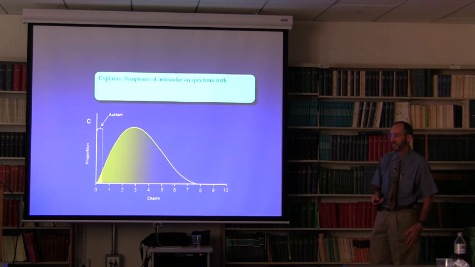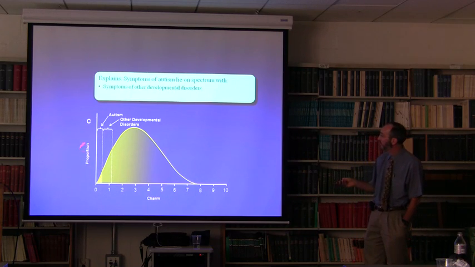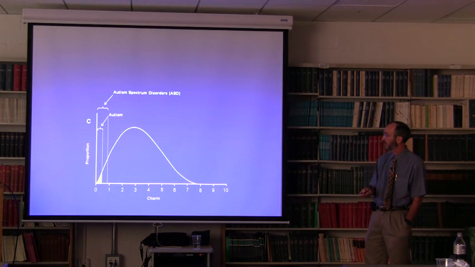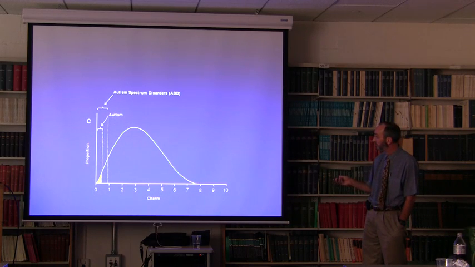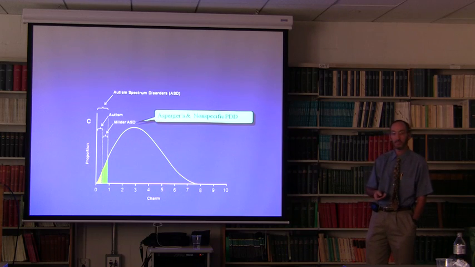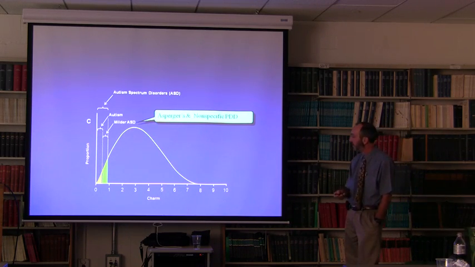And this could explain why the symptoms of autism lie on a spectrum, with the symptoms of other developmental disorders, and with the traits of normal individuals. Autism spectrum disorders include autism itself and milder autism spectrum disorders, including Asperger's and nonspecific pervasive developmental disorder.